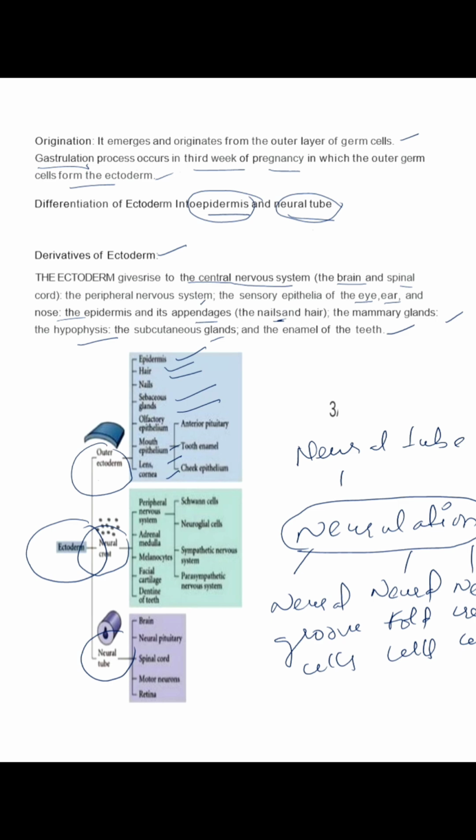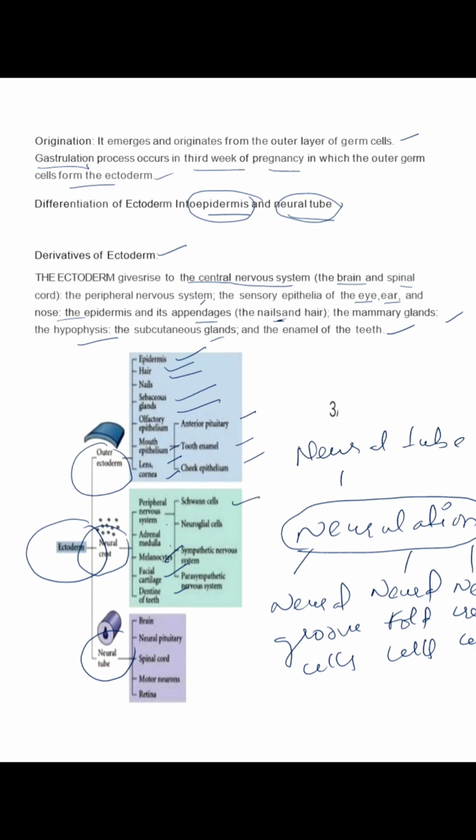And also forming the anterior pituitary, tooth enamel, and the cheek epithelium. Now coming to the neural crest cells, they are forming the peripheral nervous system, the adrenal medulla, the melanocytes, and the facial cartilage, and the dentine of the teeth. And also they form the Schwann cells.